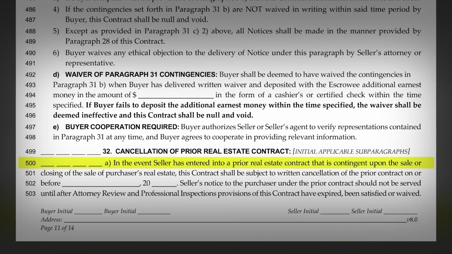Paragraph A is if the seller has entered into a prior real estate contract, that the seller is going to cancel that contract before the date on line 501. That is if it is a contingent contract. So you are bumping out that house to close contingency. That would be paragraph A.